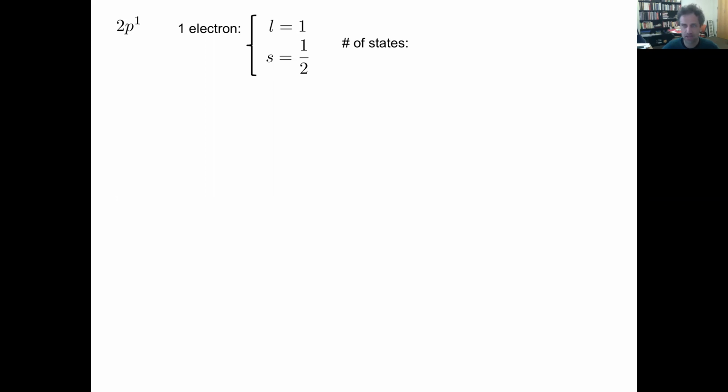How many ML states are there? 2L plus 1. And how many S states are there? 2S plus 1.